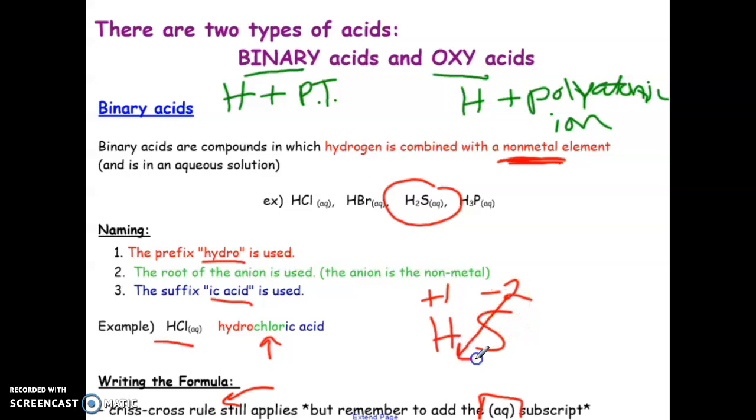So the 2 will crisscross to the hydrogen and the 1 will crisscross to the sulfur. So you end up getting H2S, but you have to remember to put the AQ. So you still want the lowest possible ratio. You're still doing the regular crisscross rules, but you have to remember to add in that AQ, or else you're not really giving the acid formula.